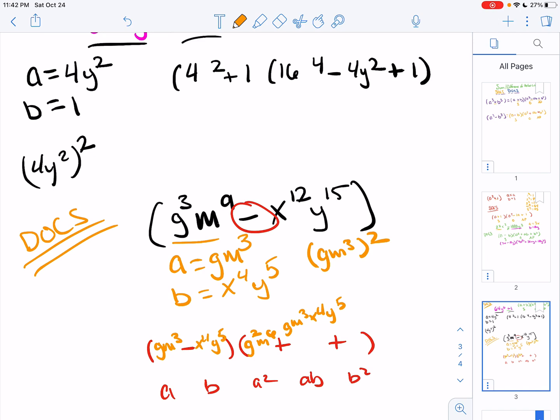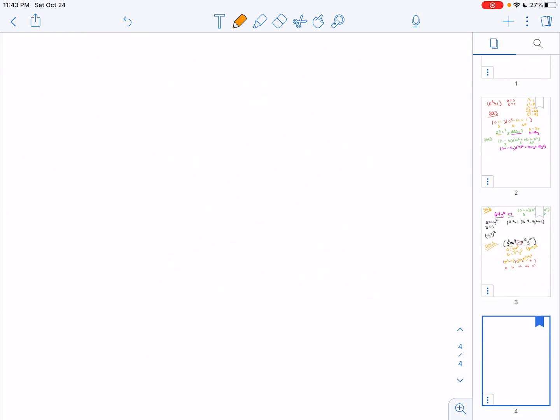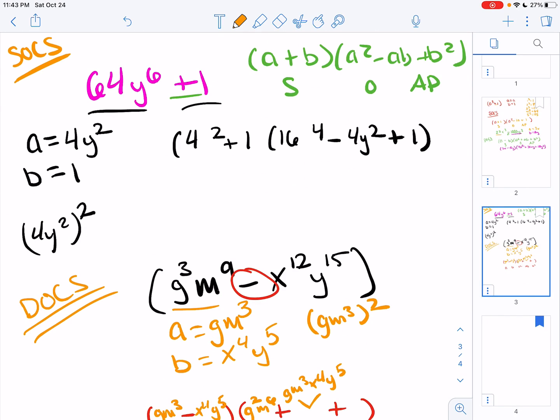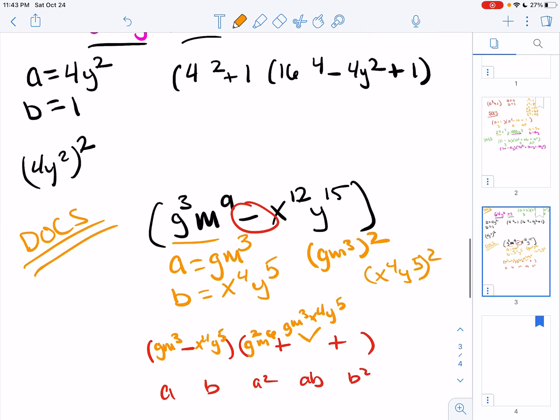A little bit gross, but that is what's going to go in there. And then we have B squared, so that is x to the fourth, y to the fifth, squared. So multiply the exponents. 4 times 2 is 8, so I have x to the 8th. And then 5 times 2 is 10, so it's y to the 10th.